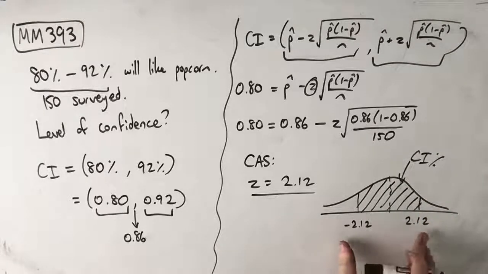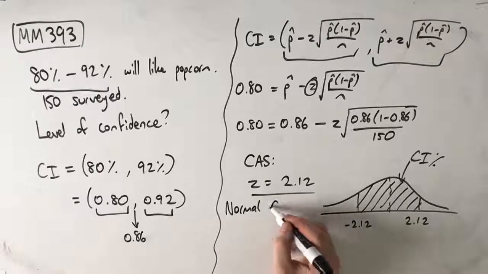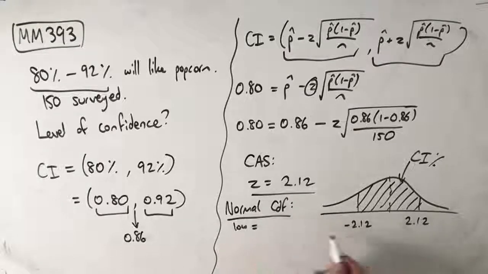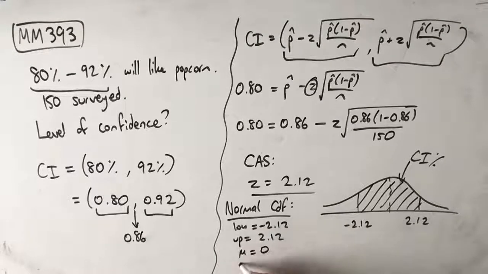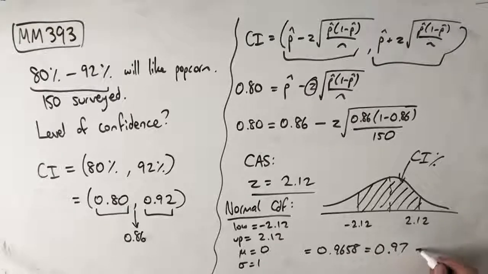So all we need to do to find this out is go into our normal CDF and say lower equals negative 2.12, upper equals 2.12, mean equals 0, standard deviation equals 1, and what that pops out is 0.9658, which is 0.97, and so our level of confidence is 97%, giving us our answer of D.